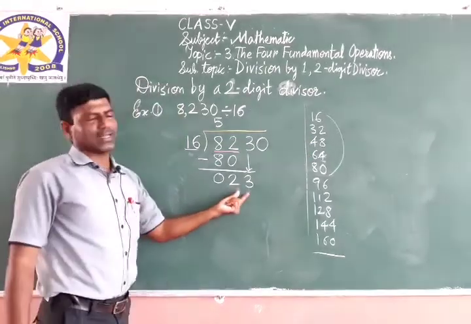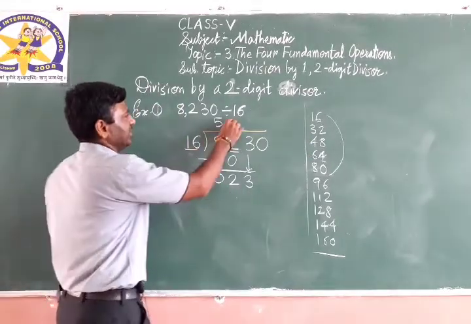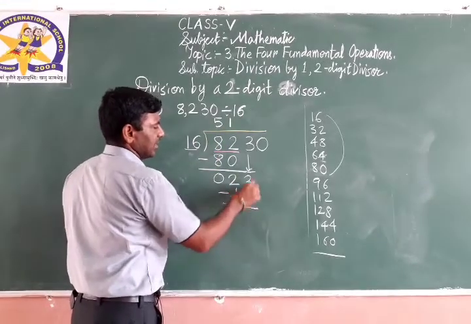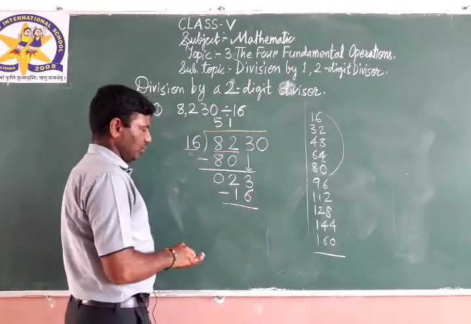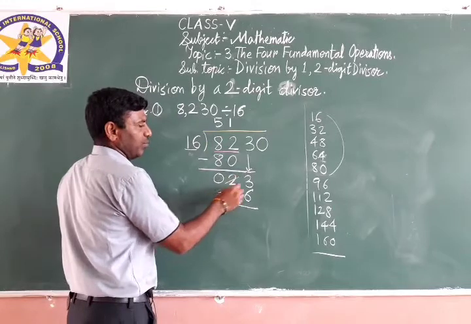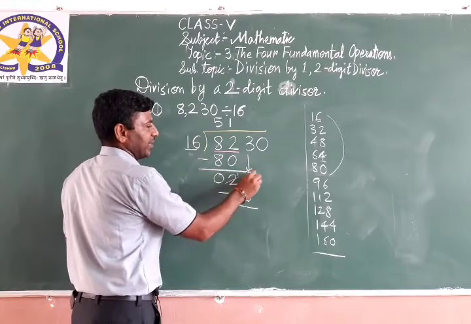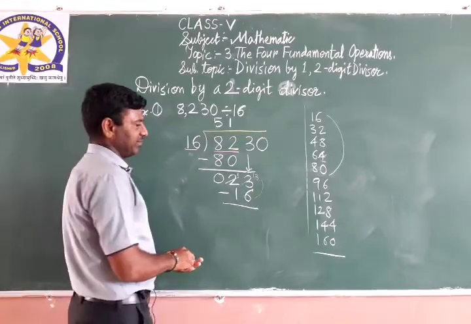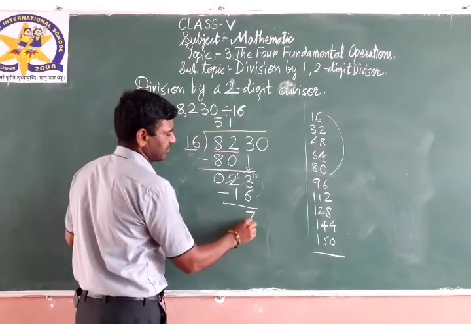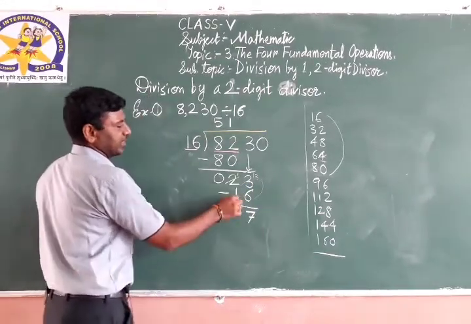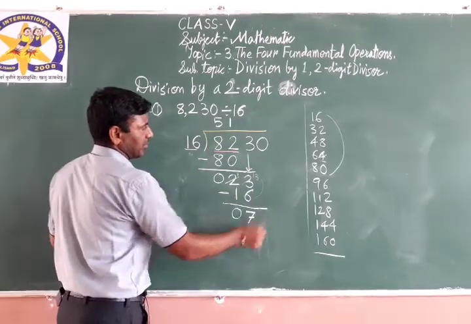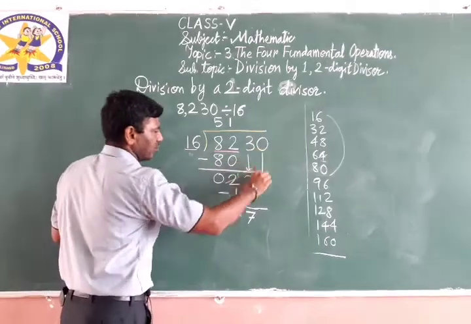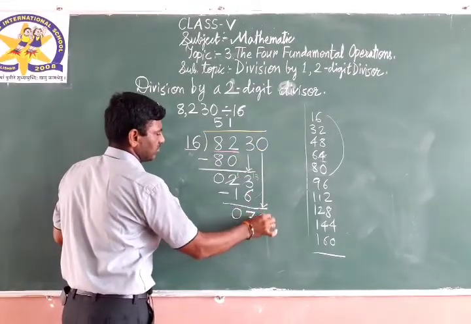Means 32 is greater than 23, so 16 1s are 16. Possible? No. Borrow from the neighbor. 2 becomes 1, 3 becomes 13, 13 minus 6 is 7. 1 minus 1 is 0. Now what remains? 0 is there. Put the 0 digit down.